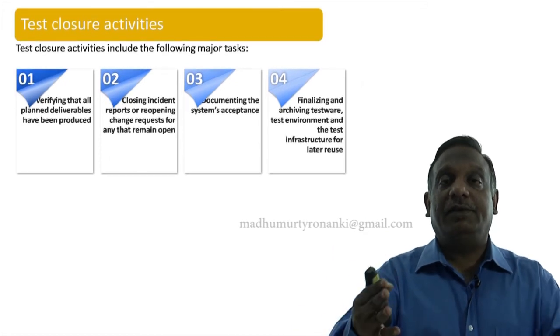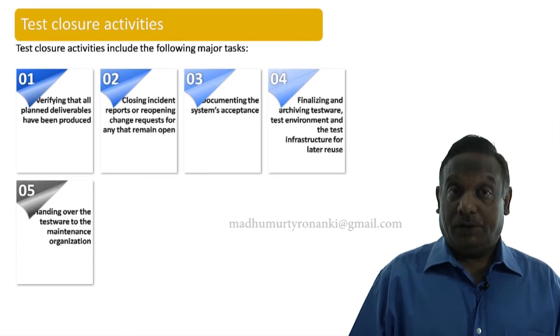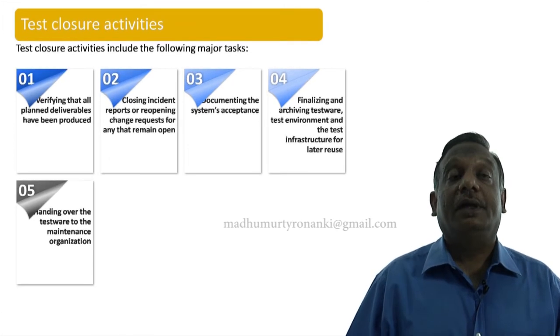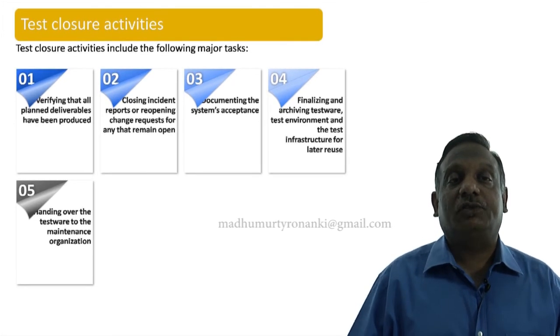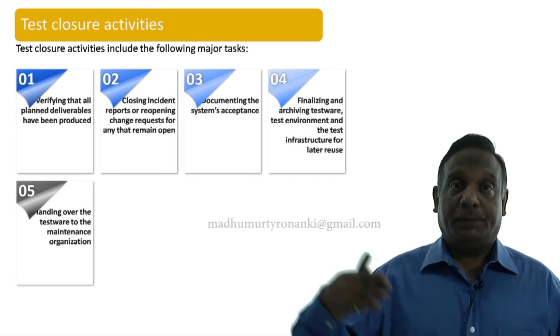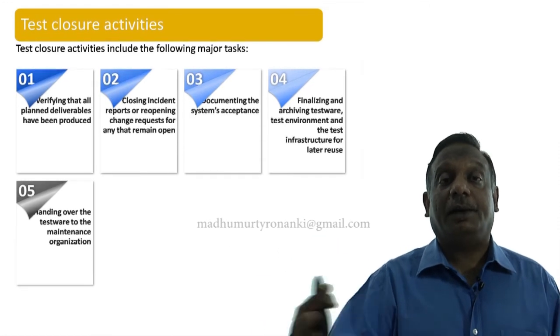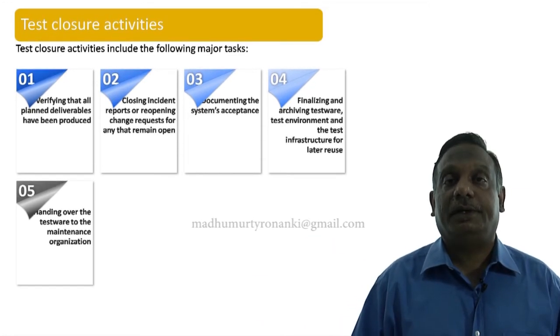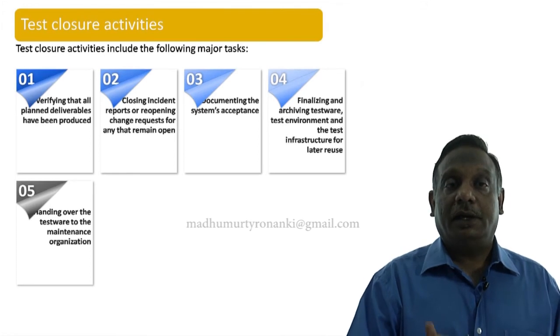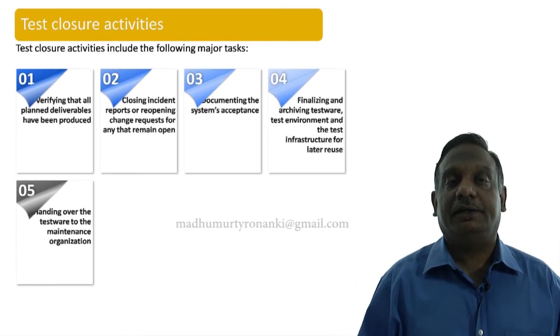Archiving means saving them, putting them in one place. Then what you have to do in the fifth step is handing over the testware to the maintenance organization. Now you are out of this project, but the project will go to the next stage where the maintenance organization might come in and take responsibility. So hand over all the documentation related to testing to the maintenance organization.